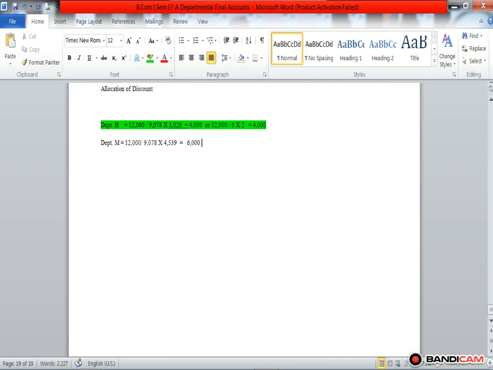Or on the ratio which is calculated in the working note, rupees 12,000 divided by 6 multiplied by 3 is equal to 6000. So the answer is the same.